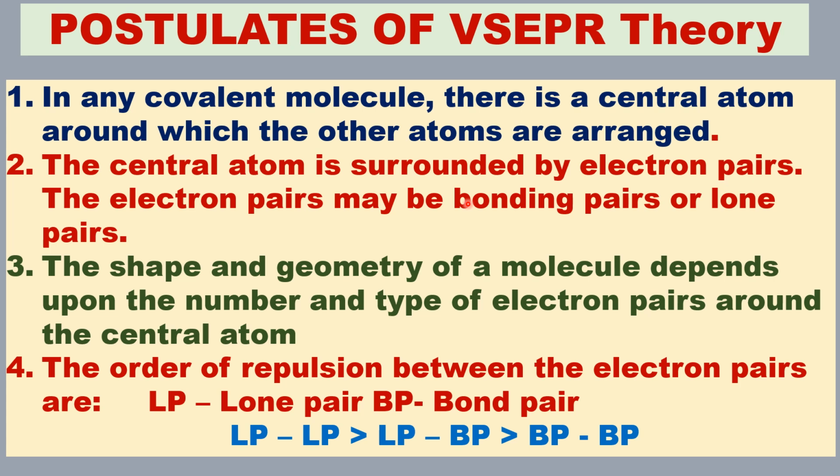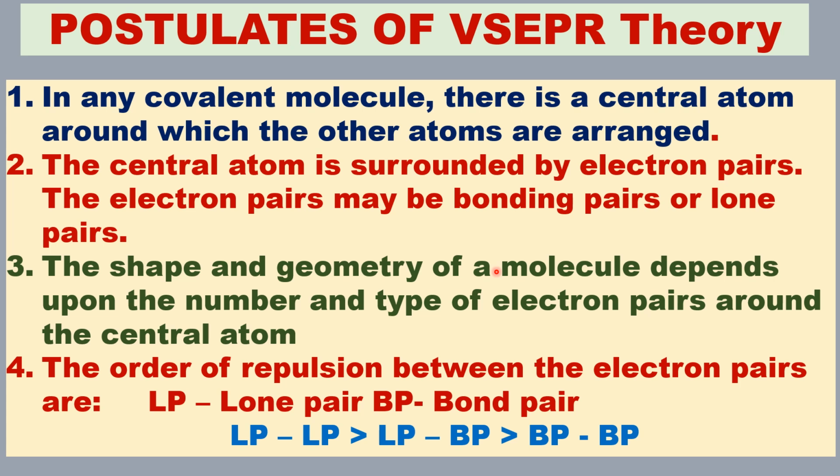Lone pairs are called unshared or non-bonded electron pairs. The geometry, shape and bond angle depend upon the number and type of electron pairs surrounding the central atom.